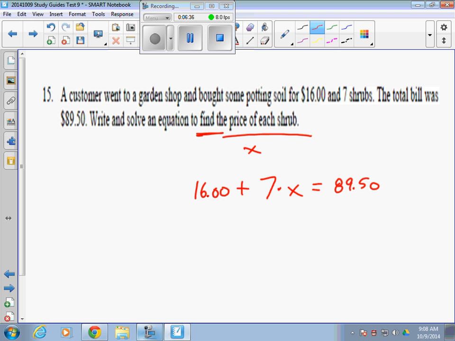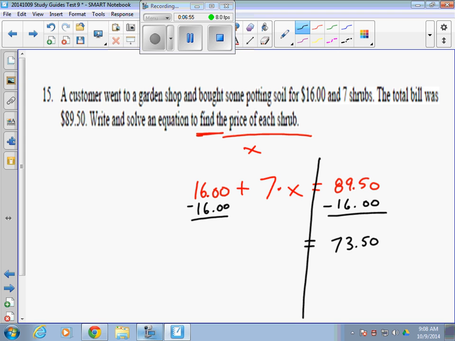$89.50. So now we have a very simple equation. Start undoing it in order to get X by itself. Subtract $16. If you do it to the left, subtract $16 on the right. $89.50 minus $16 is going to be $73.50. This is going to cancel itself out. So 7 times X is $73.50.